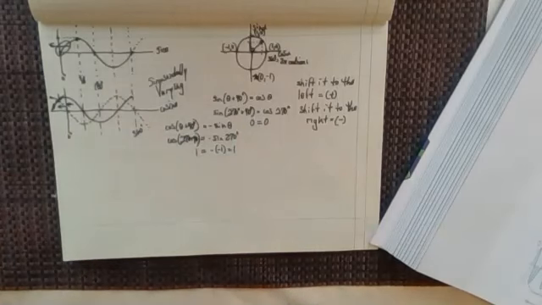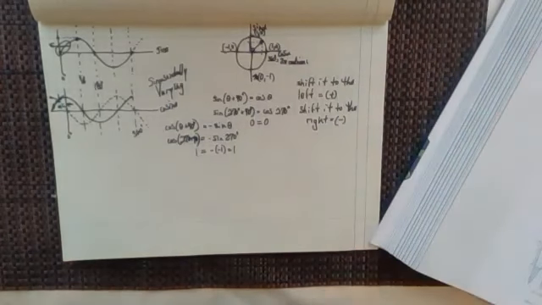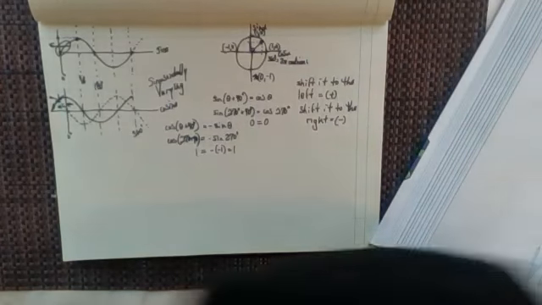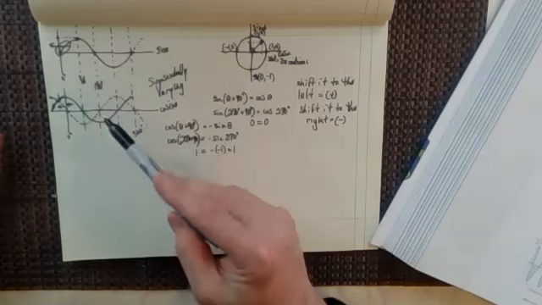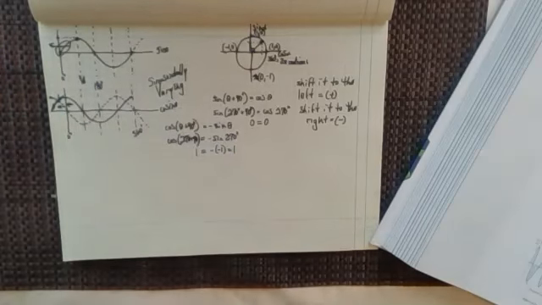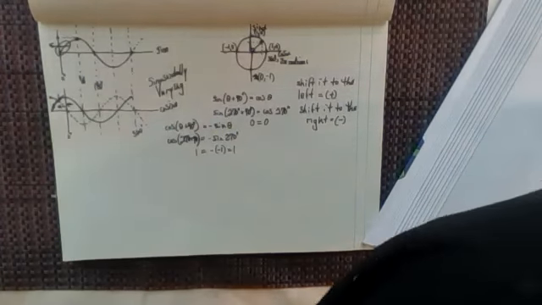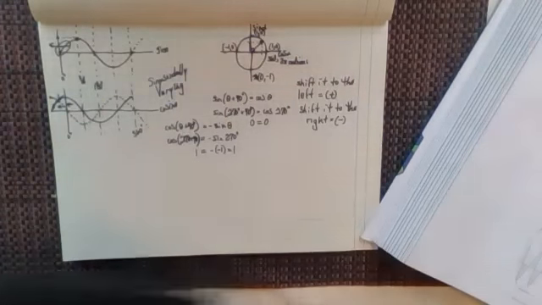Okay, well, I'm not sure how long I have gone on with this brief explanation of the sine and cosine waves and sinusoidally varying waves. But what I really want to do is get into the current and voltage responses of the three main components that we use in AC circuits.